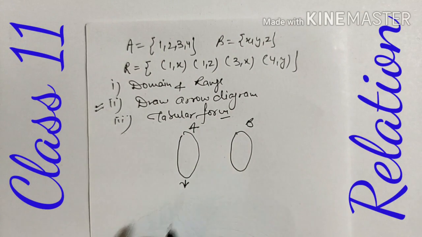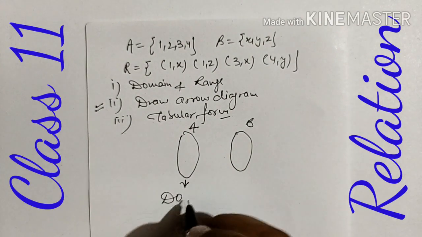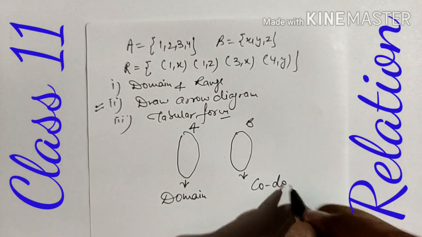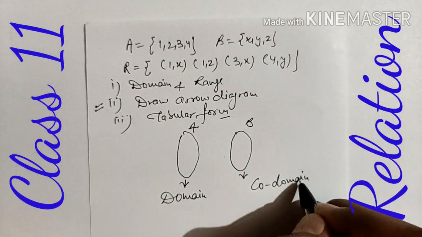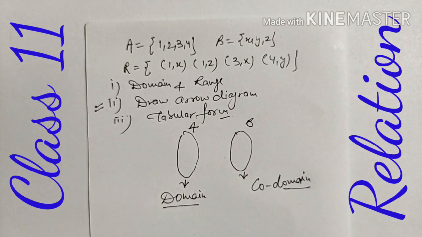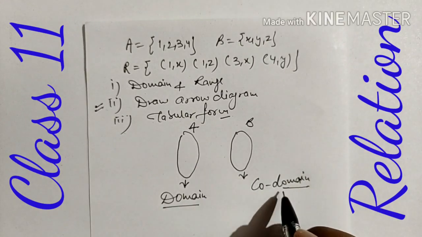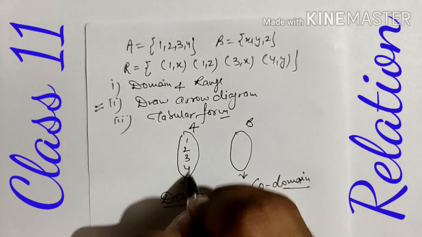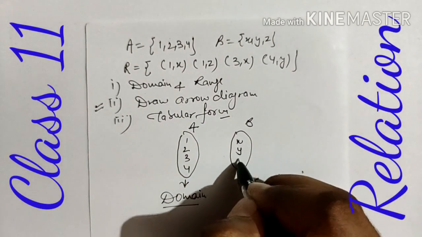This set is known as the domain set and this is known as the codomain set. Input set is known as the domain set and output set is known as the codomain set. Inputs are 1, 2, 3 and 4. Outputs are x, y, z.